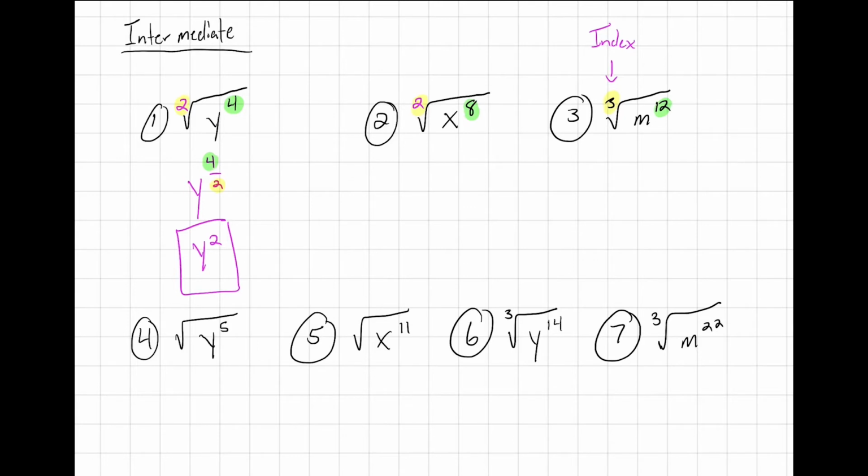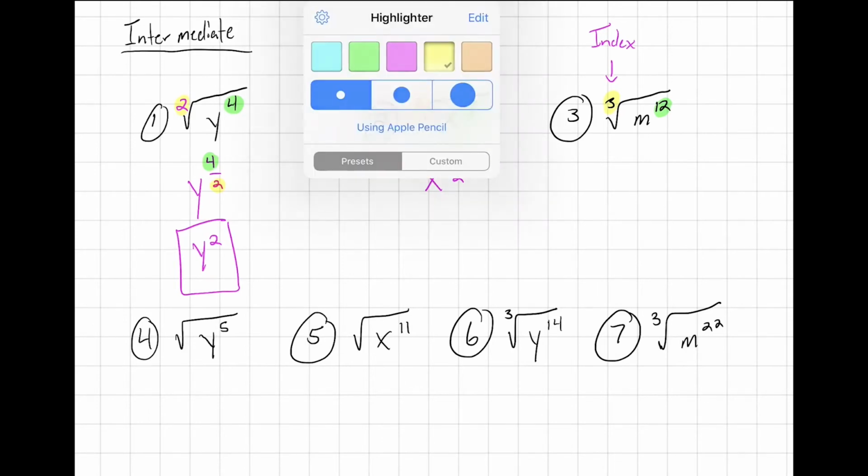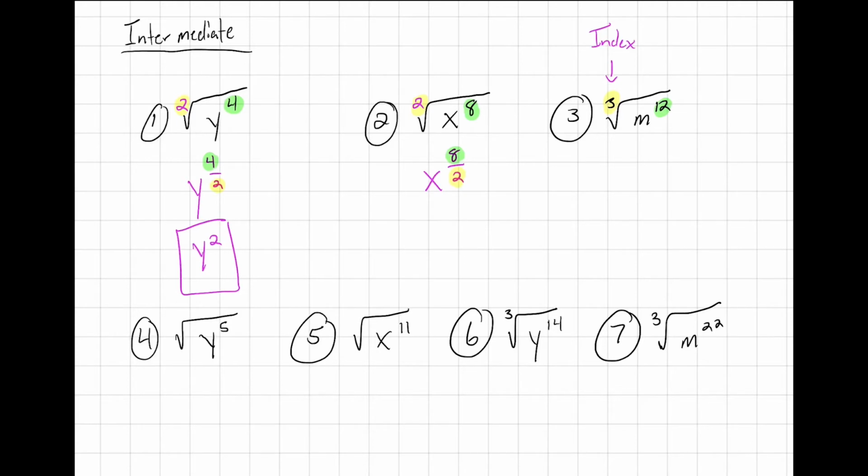For number 2, we can rewrite that as x to the 8 over 2. Again, you get the 8 from the inside, you get the 2 from the index, and then you simplify. 8 divided by 2 is 4, and you've gotten your answer. With cube roots, they're exactly the same.